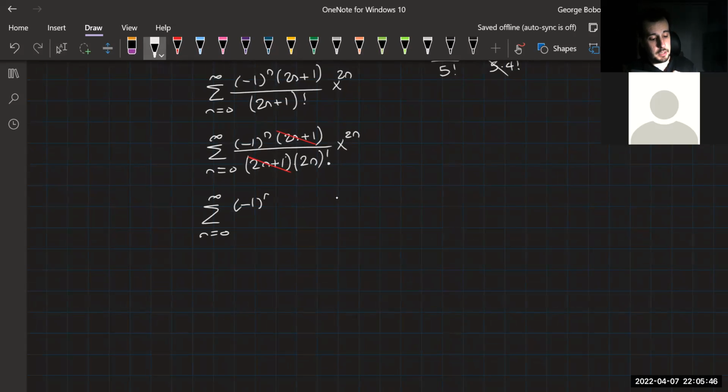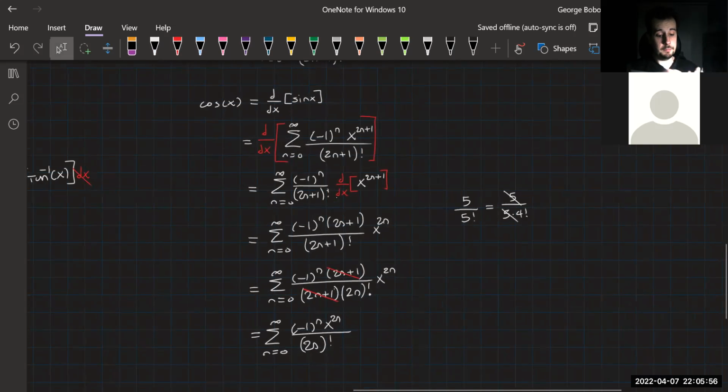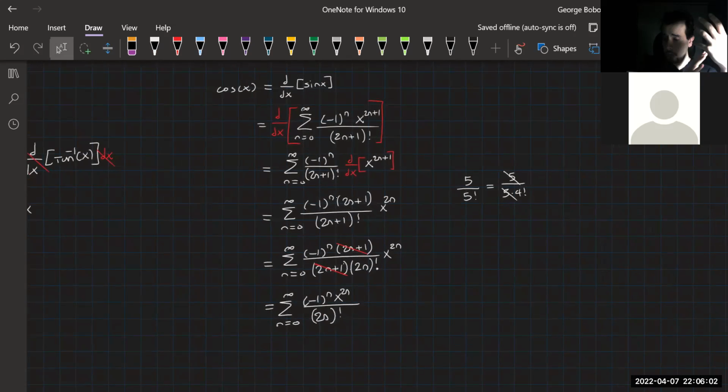So -1 to the n, x to the 2n over 2n factorial. Done. You see, just by differentiating the one that we had for sine. So I'm showing you again different tricks you can use through derivatives, integration, relating again what changes happened on the x to the original power series that you're given as a building block to build the new function.